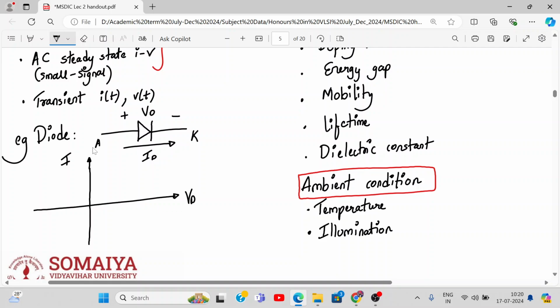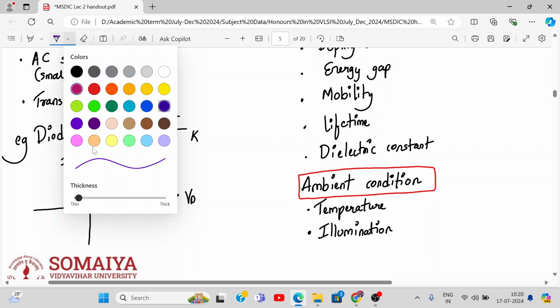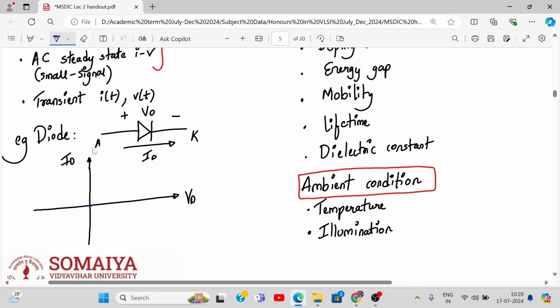So on the x-axis we have the diode voltage, on the y-axis we have the diode current, and how will the characteristics be like? In the forward bias, it will be exponential in nature. Am I correct? And in the reverse bias, it will be like this. Here it will be breakdown. So this kink means that you have a very large change in the voltage.